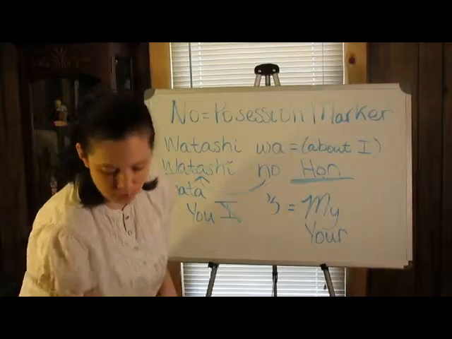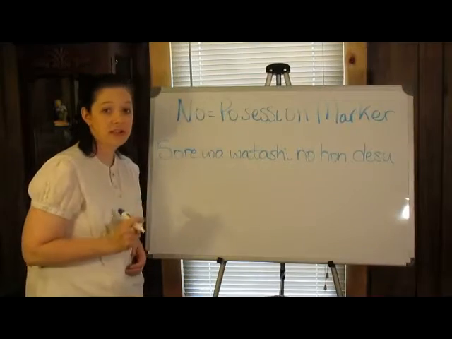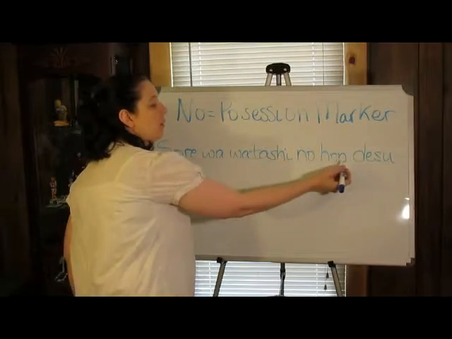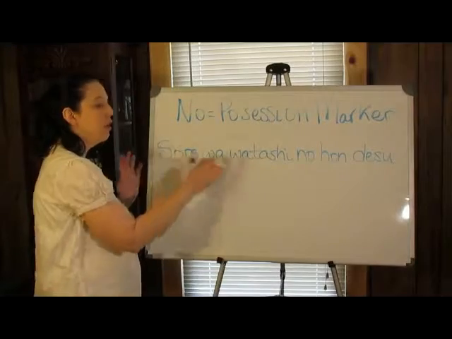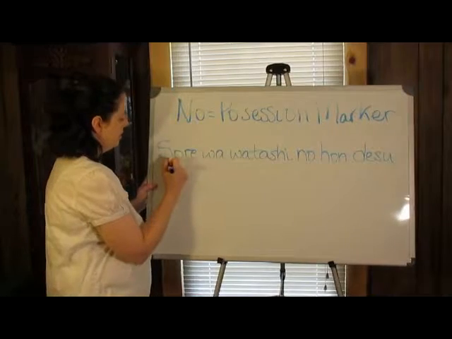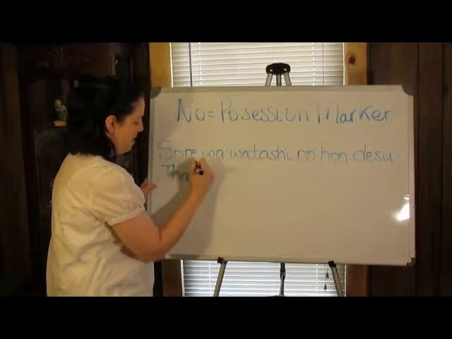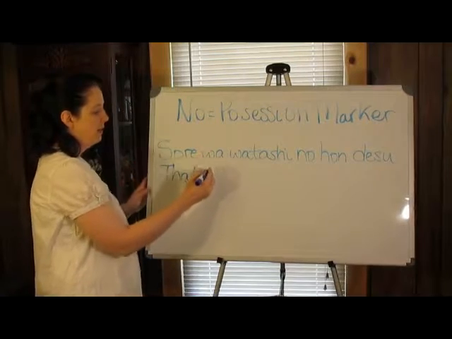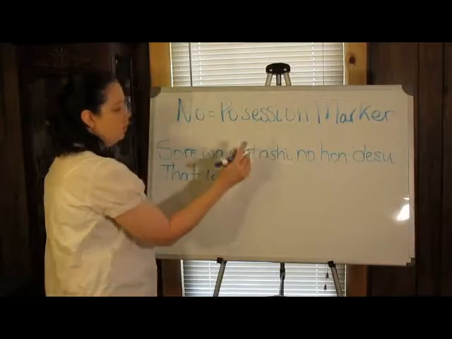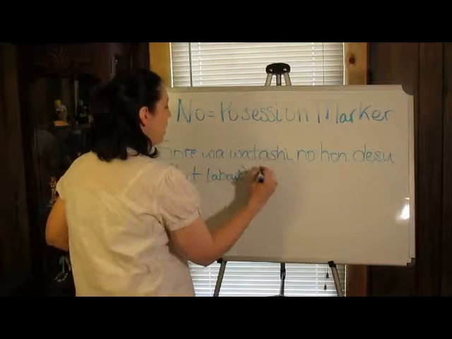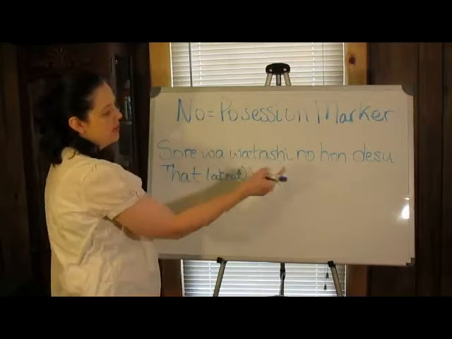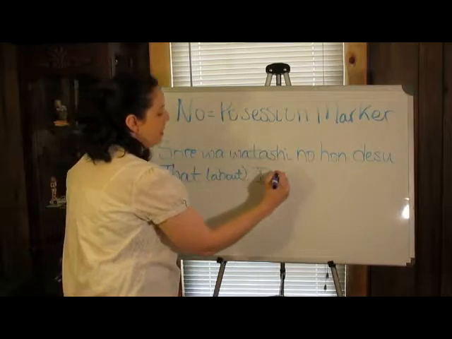Let's do an example sentence real quick. Here's our example sentence for no. Sore wa watashi no hon desu. So let's start translating. Sore means that. Wa means about. Watashi, I. But because it is watashi no, it's actually my.